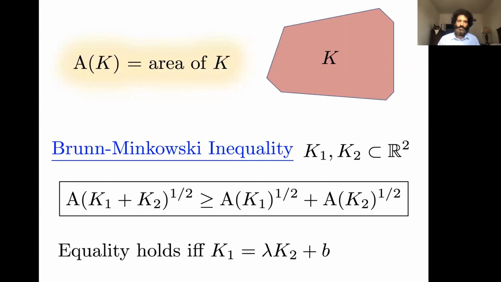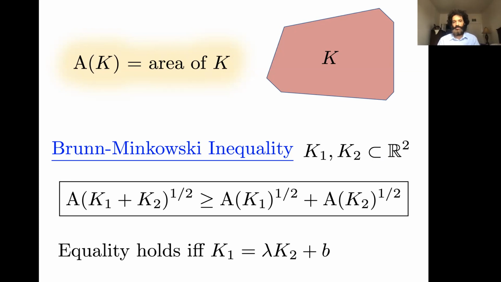Very generally, it applies to the so-called Brunn-Minkowski inequality. So if I let A of K denote the area of K, then the Brunn-Minkowski inequality says that the square root of the area as a function of K is superadditive. It's a homogeneous function, so it's also equivalent to being concave.